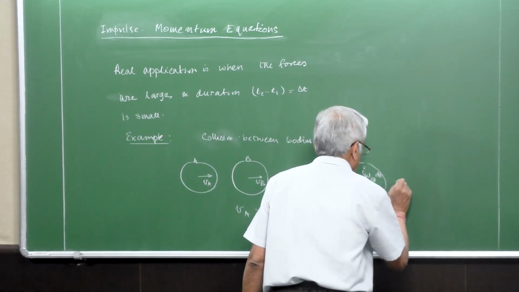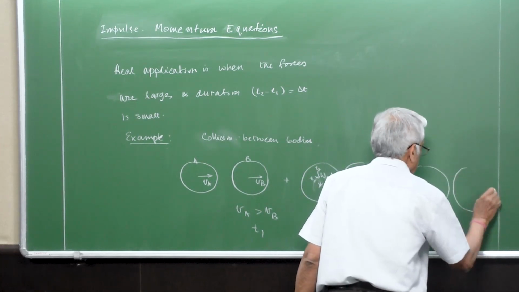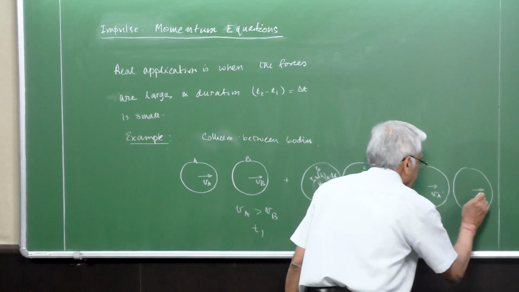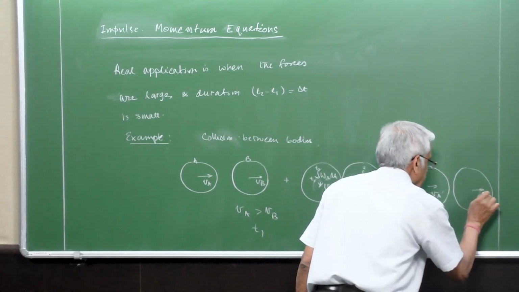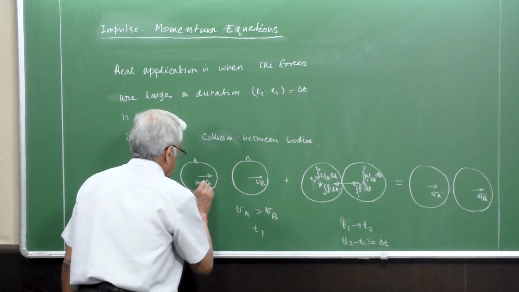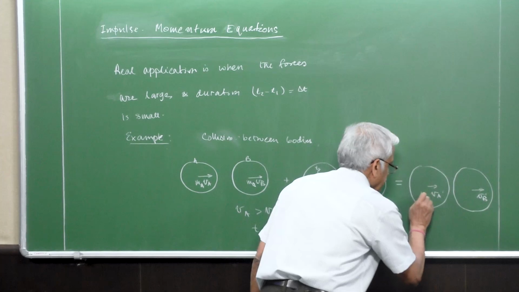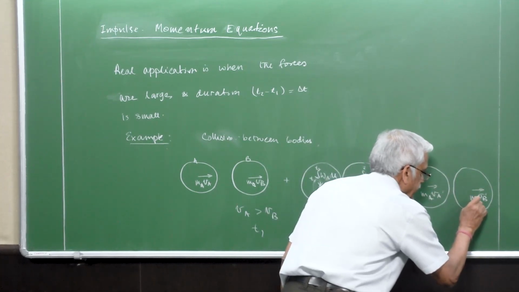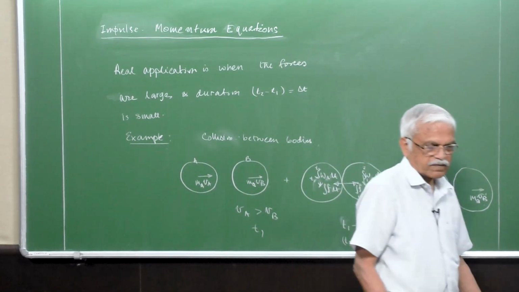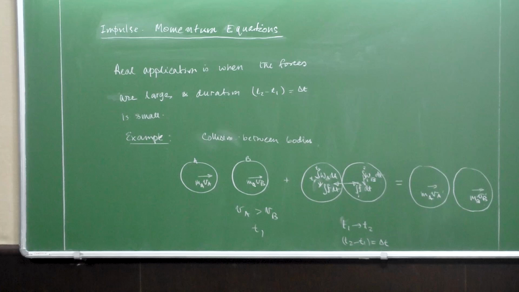So this is now equal to, they will be moving with some other velocities, VA prime and VB prime. Of course, if you want to make the equation, they should be multiplied with masses so that it becomes linear momentum. This is exactly the equation which we studied in our last class, but now we are applying it to two bodies.